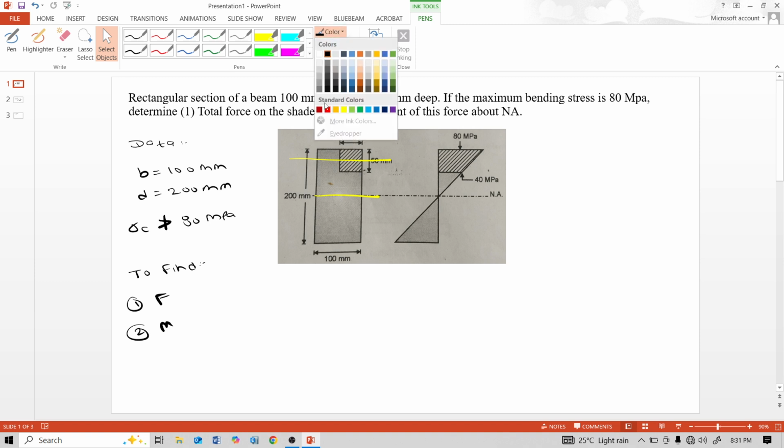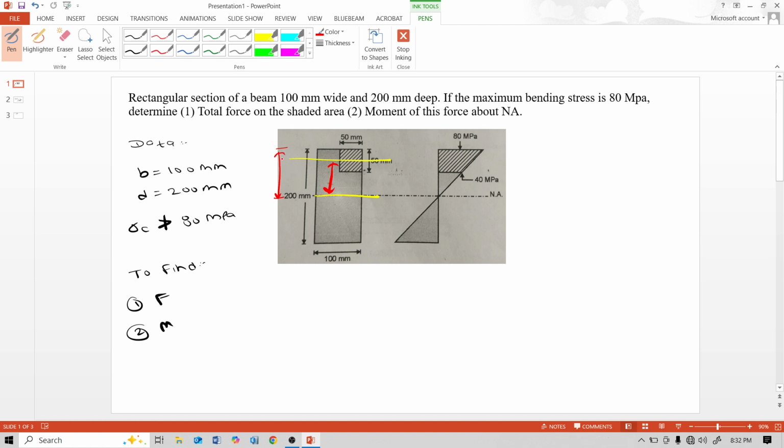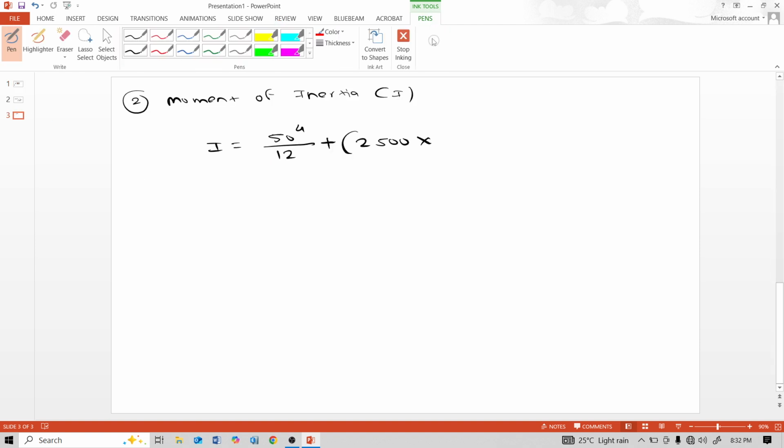The total distance from the neutral axis to the top compression fiber is 100. 100 minus this distance, 50 by 2, that means 25. 100 minus 25 is 75 mm. So this distance is 75 mm, and we square this 75 mm.